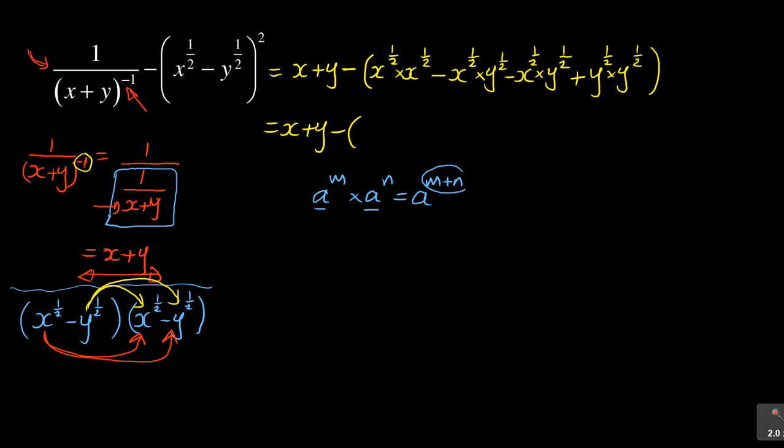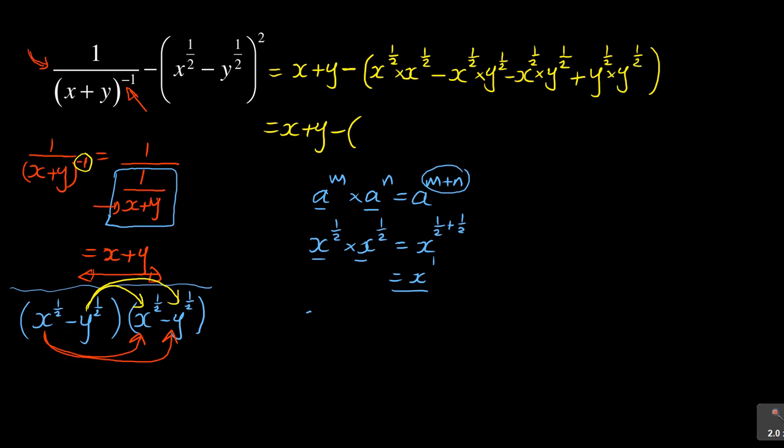In the same case, when we are given x to the power half times x to the power half, you can see the bases are the same. So you say x, and then you've got 1 over 2 plus 1 over 2. So what is 1 over 2 plus 1 over 2? It's x to the power of 1. That's what they wanted to check.